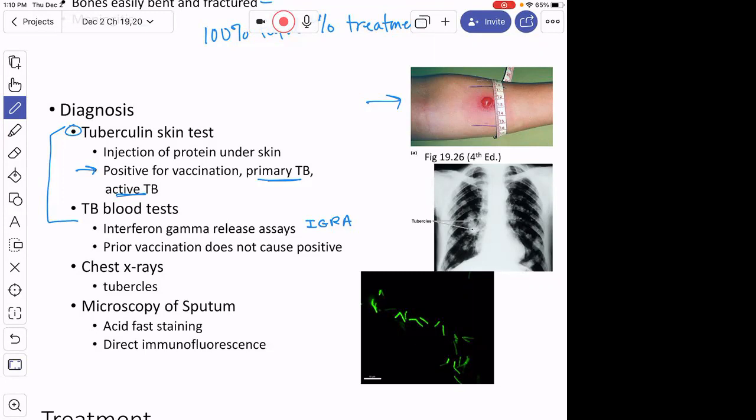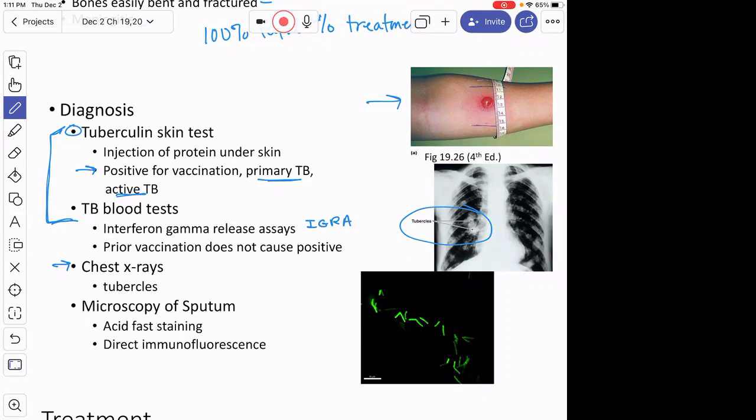So typically, if you get a positive for either one of these tests, the next step is doing a chest X-ray, where they're looking for the presence of tubercles. And I guess if you have latent TB, they're usually, I forget, higher in the lungs, and if it's active TB, it's lower. I believe I might have that switched around.